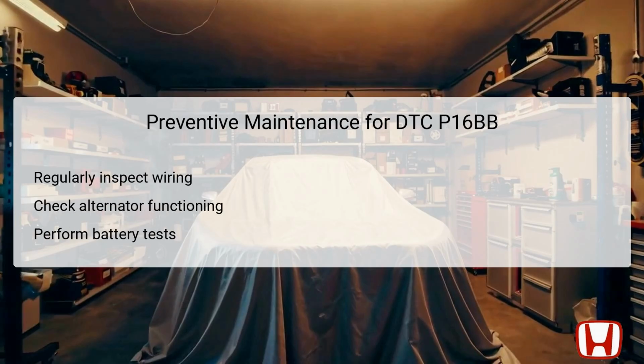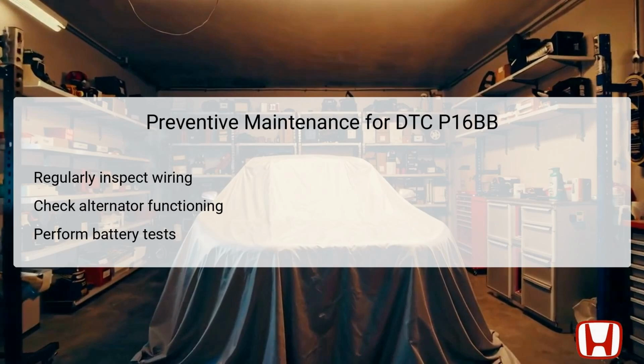To prevent encountering DTC P16BB-00 in the future, implementing a routine preventive maintenance program is essential. Regular inspection of the wiring connected to the alternator can help identify any wear or damage before it becomes a significant issue. Ensuring the alternator is functioning properly is critical, and maintenance should include testing output voltage periodically.